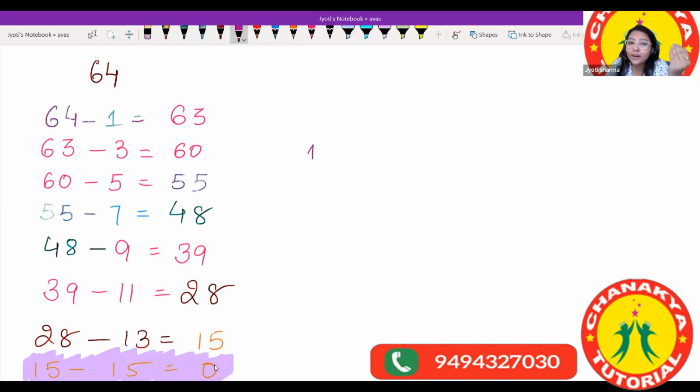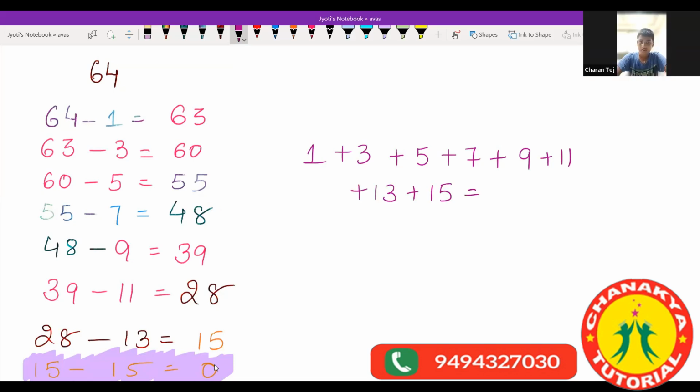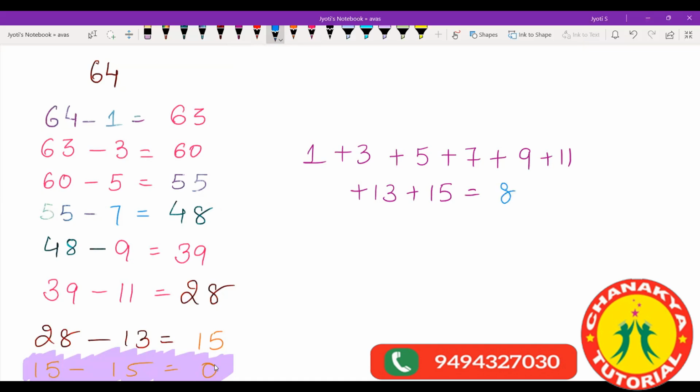You remember when we were adding the odd numbers? If you add 8 odd numbers, what will be your answer? 64. The number of odd numbers, squared. How many odd numbers have you added? 8. So the answer will be 8 into 8, 64.